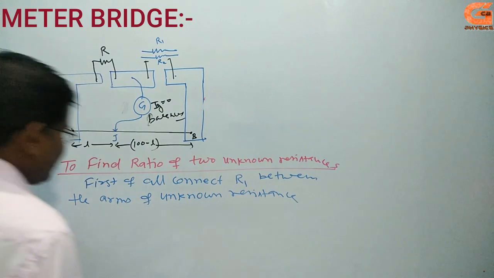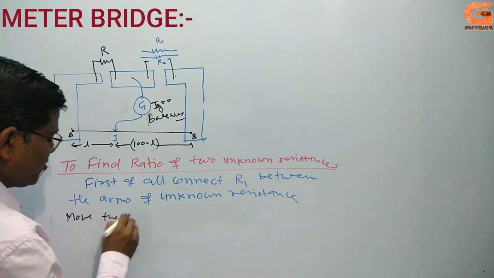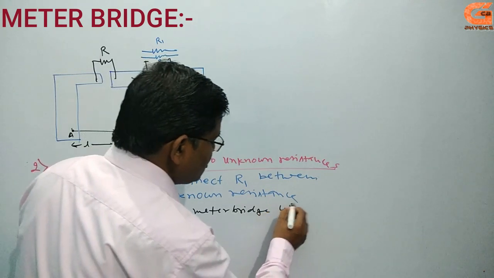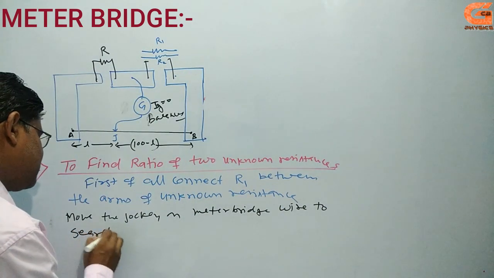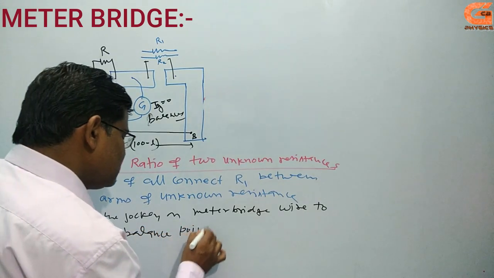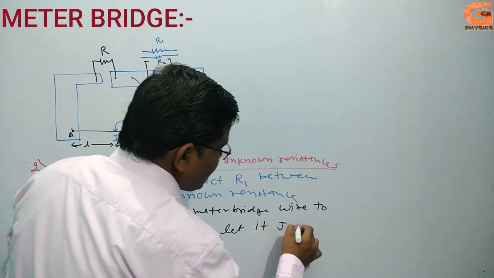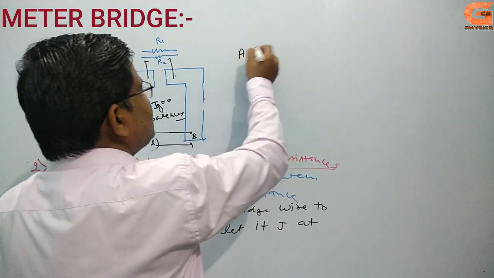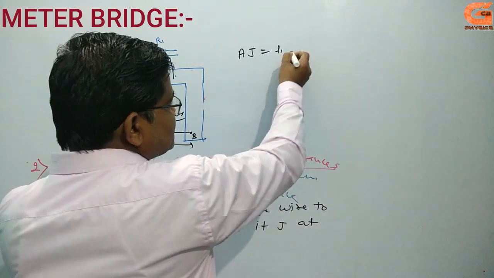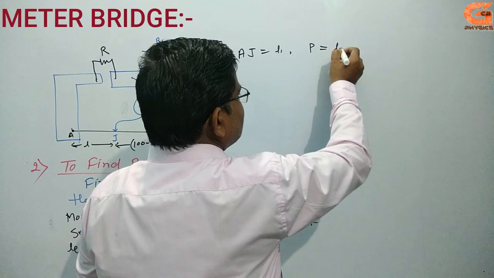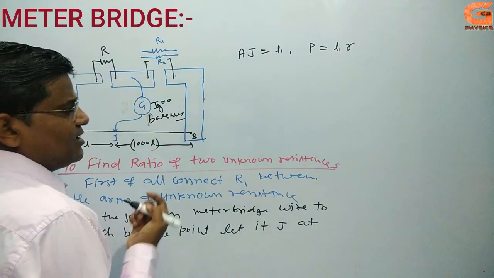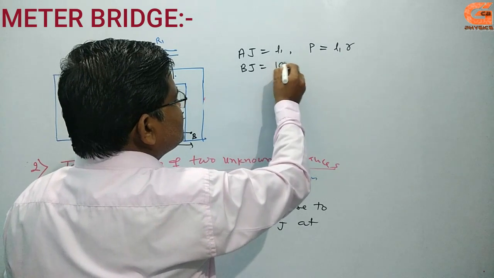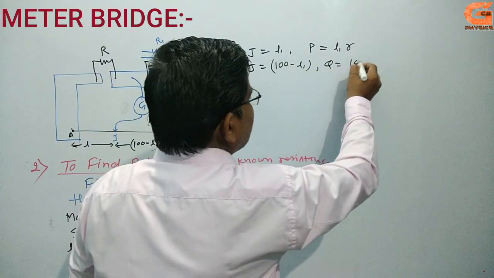Move the jockey on the meter bridge wire to search for the balance point. Let it be J at length L1. Then AJ equals L1 and its resistance P equals L1 into R, where R is the resistance per unit length. BJ is L2, meaning 100 minus L1, and its resistance Q equals 100 minus L1 into R.